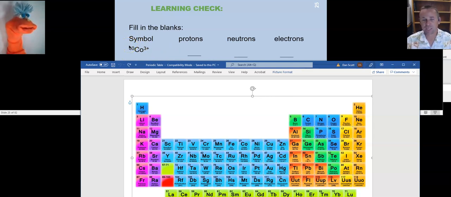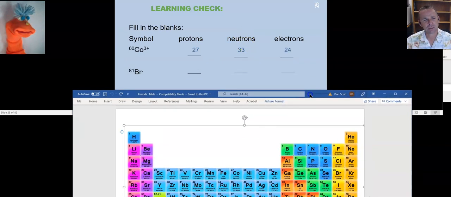So 60 minus the number of protons, 27, would be the neutrons, which is 33. How about the number of electrons? Well, +3 doesn't mean 3 more electrons, even though that's what I want to think. Good. +3 means that it has 3 less electrons. So it has 24 electrons? Yeah. Good job.